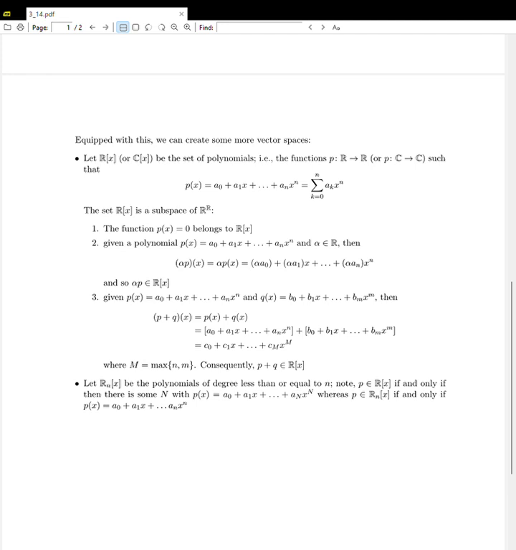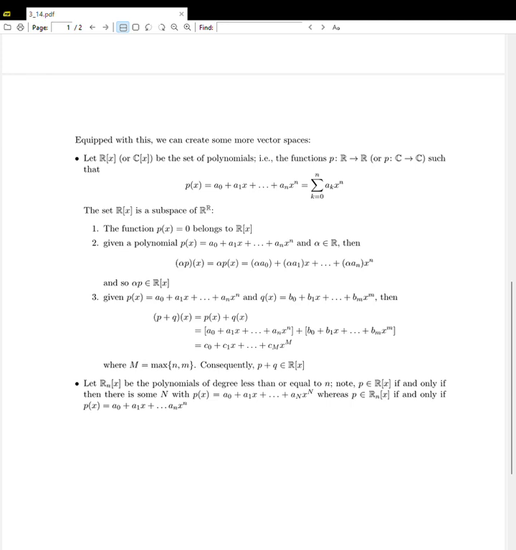Right, so for example, 1 plus x cubed. So let's do, for an example here, I'll do a center on this one, so we're good.